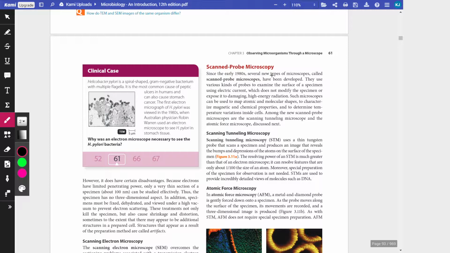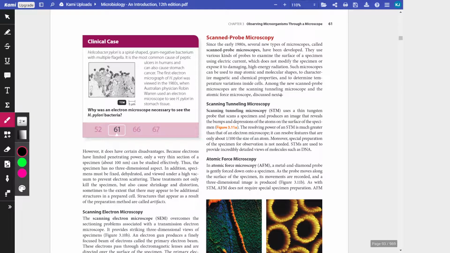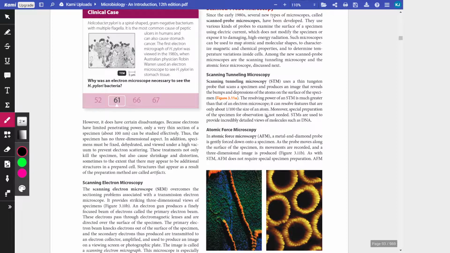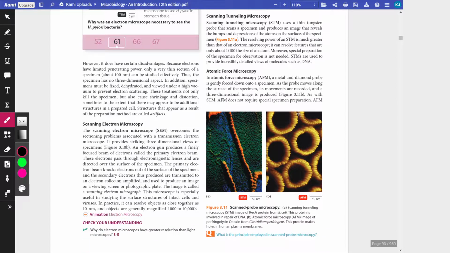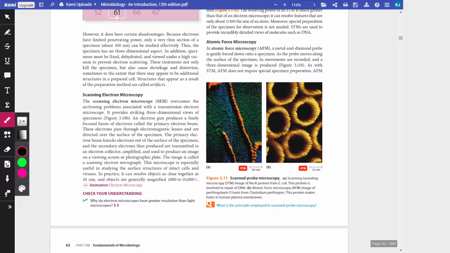Scan probe microscopy uses various kinds of probes to examine the surface of a specimen. Atomic force microscopy. A metal diamond probe is gently forced down into a specimen. Interesting. Yep, that looks like a probe was put into the specimen.